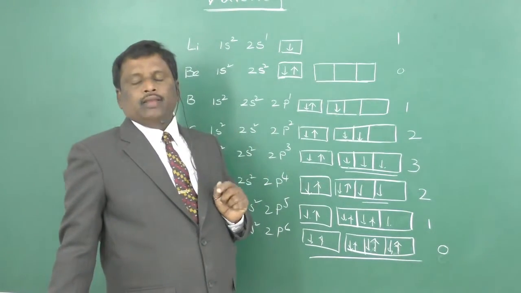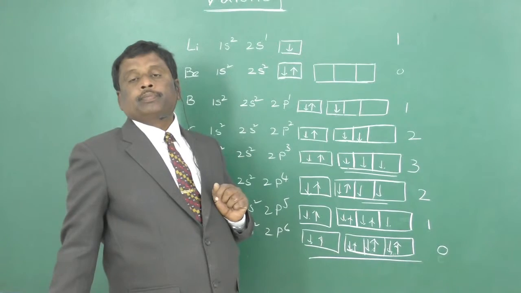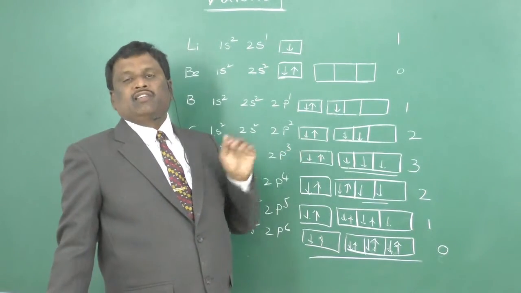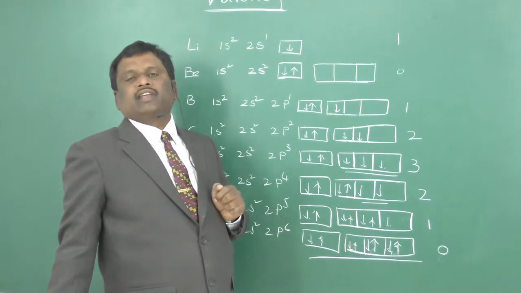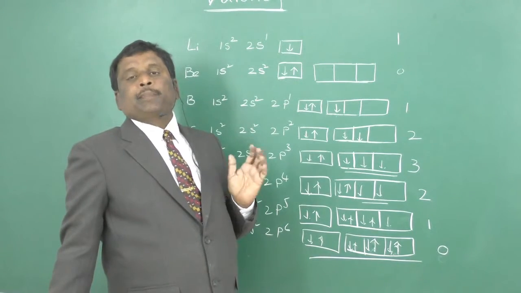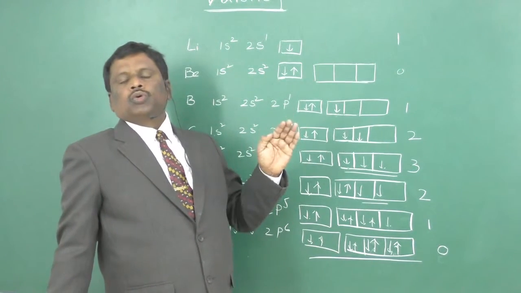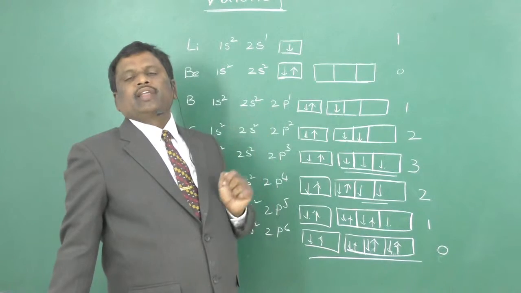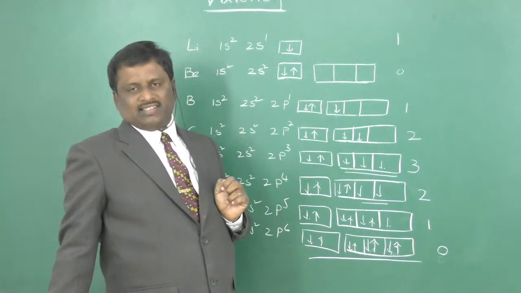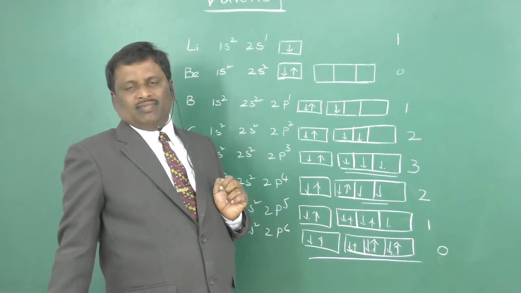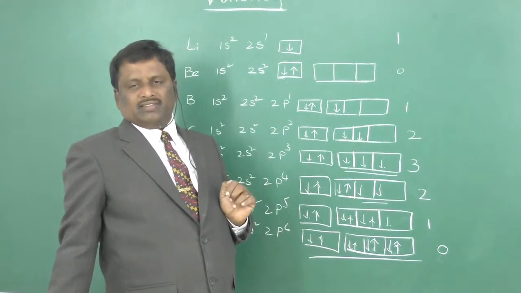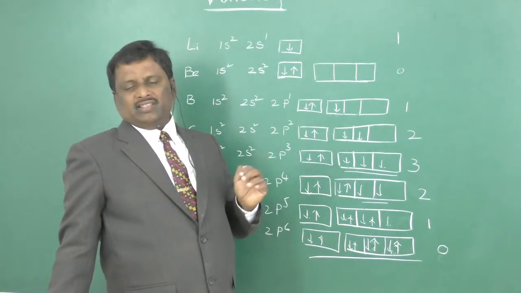But here one exception is there. If in the same energy level empty orbitals are available, the paired electrons will move into the empty orbitals. In such cases, the number of unpaired electrons may increase.